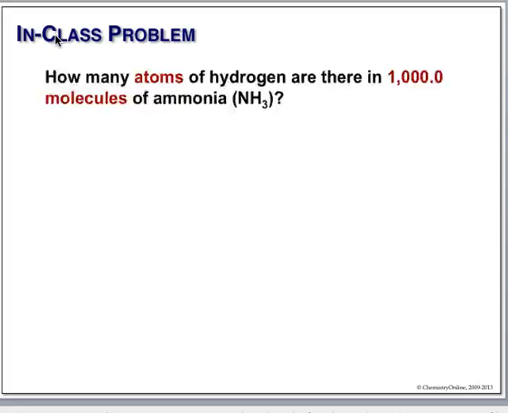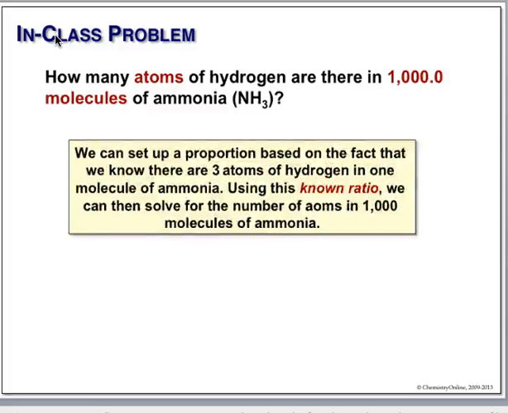All right, so how do we use this? We're going to use this when we're dealing with molecules and we're looking at the various atoms within the molecule. If I tell you we have 1,000 molecules of ammonia, just 1,000 molecules, how many atoms of hydrogen is that? Well, our given here is going to be 1,000 molecules of ammonia, right?